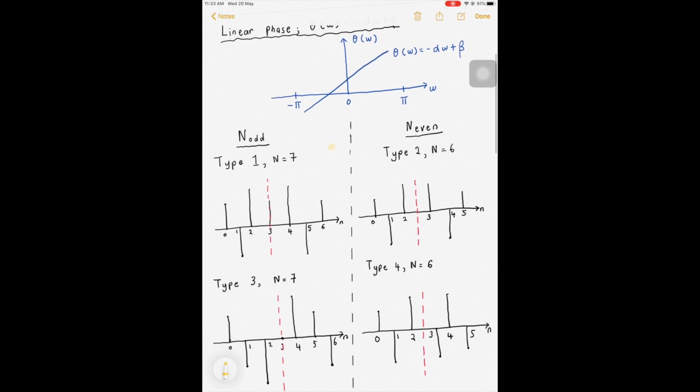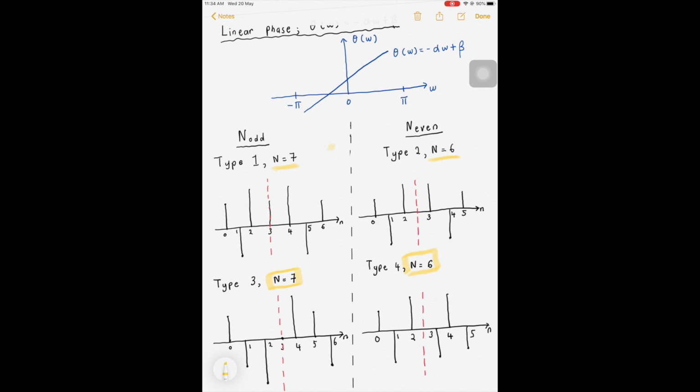For odd length, we have N equal to 7, and for even length, N equal to 6. Under odd and even, we have type 1, type 2, type 3, and type 4.